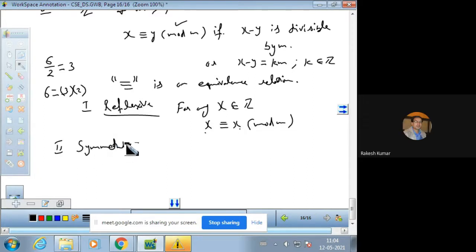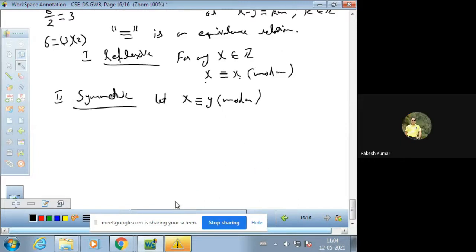Now let us talk about the symmetric property. Let x be congruent to y modulo m. For symmetric, what do we need to prove? We need to prove that y is congruent to x modulo m. Now, what does it mean?